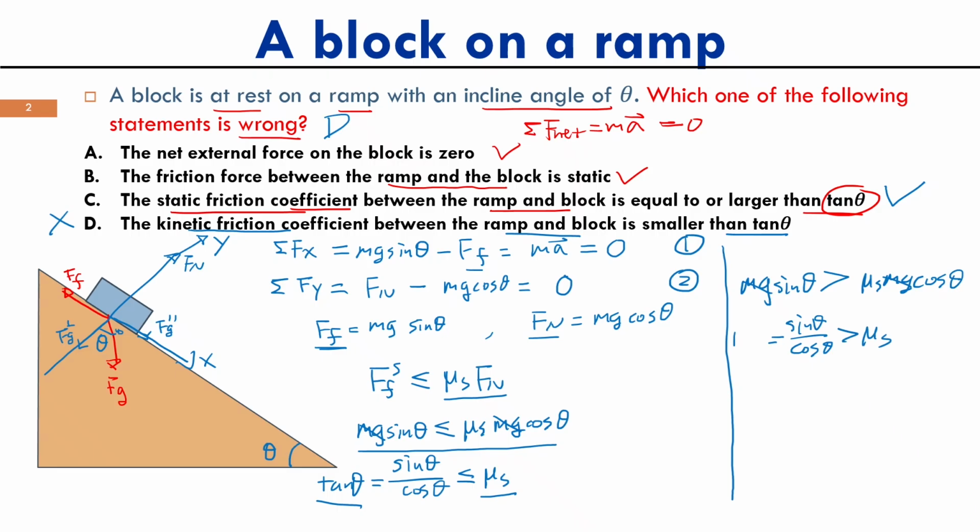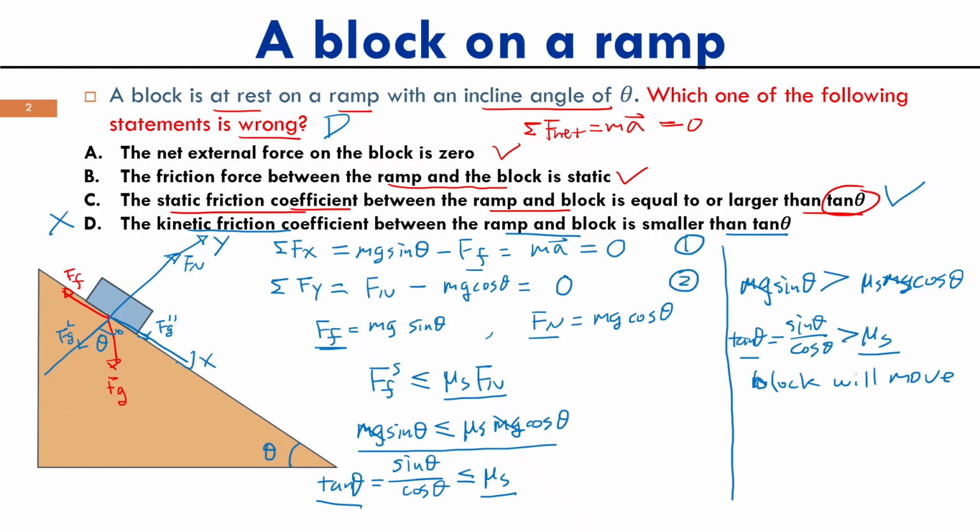So that means when tangent theta is larger than the static friction coefficient, the block will move. So why is this important? Because it tells us the relationship between the angle and the static friction coefficient. And you can use this method for experimental design questions.